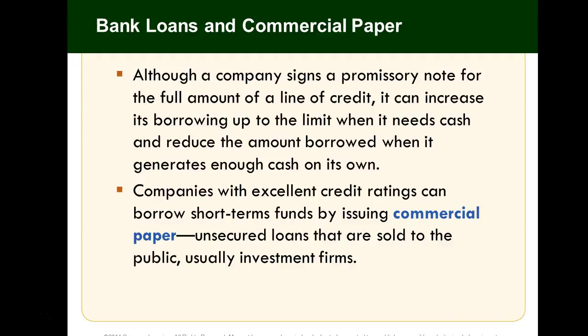They need cash, so they go to people that have that cash, and they're going to pay an interest rate on being able to borrow that cash, and the people that have contributed that money are going to earn interest on that money. Now, if it's a company with a really good credit rating, you're pretty likely to get your money back. So that's why it says excellent credit ratings.